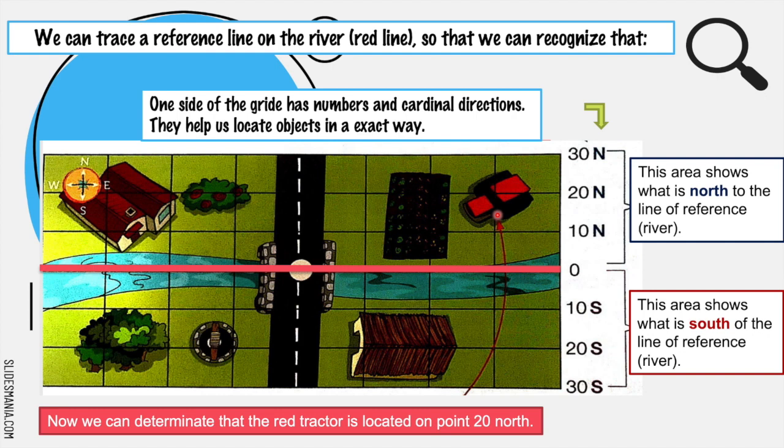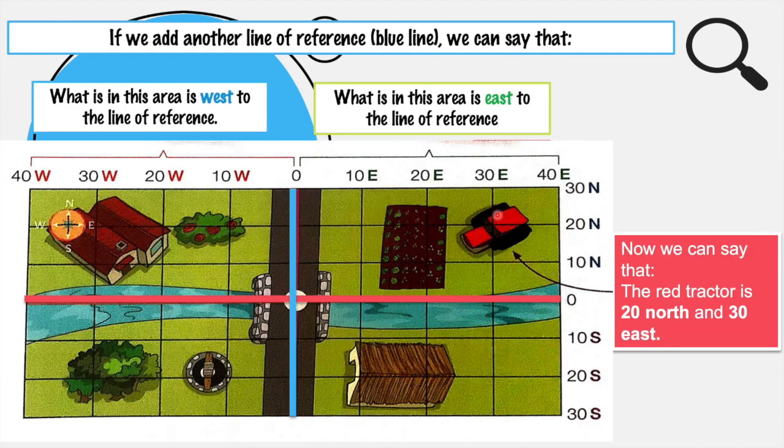Let's look at this other picture. The same plan, the same red tractor, we have the river, but now we are going to use another line of reference, this blue line. And we have two new cardinal directions. We already had north and south. Now we are going to add west and east.